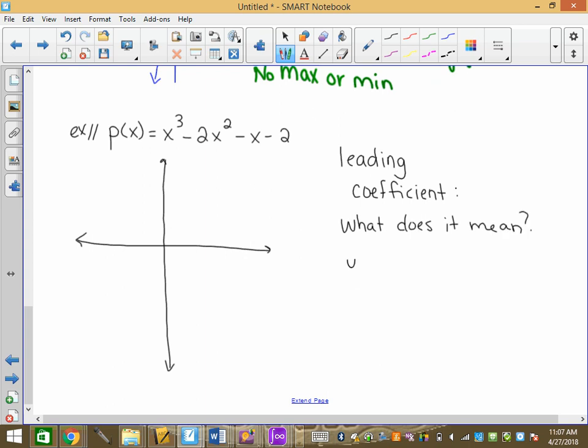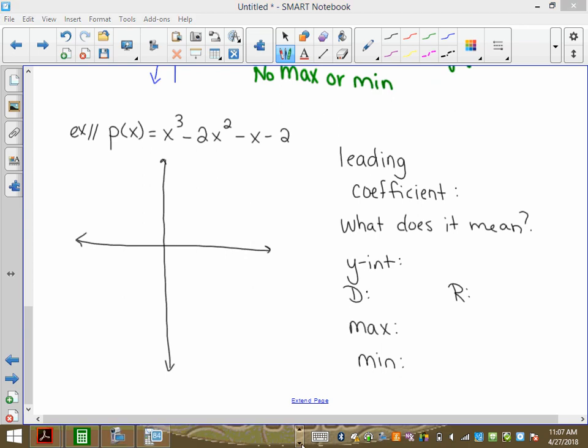I want the y-intercept. I want the domain, the range, and I want the max, and I want the min. These you will use your calculator to find. If there isn't a max or a min, then it would be a point of inflection. This one has max and min. So try this out.